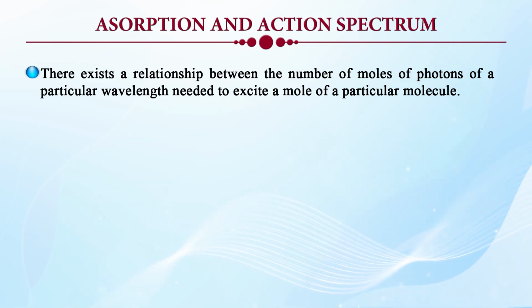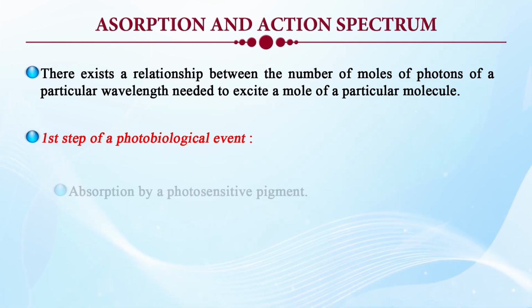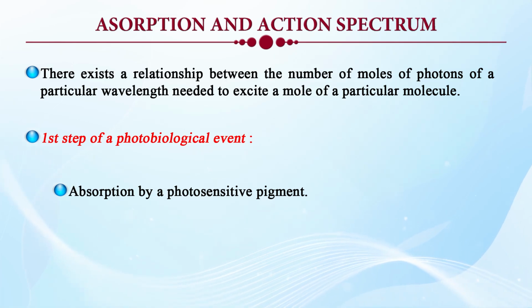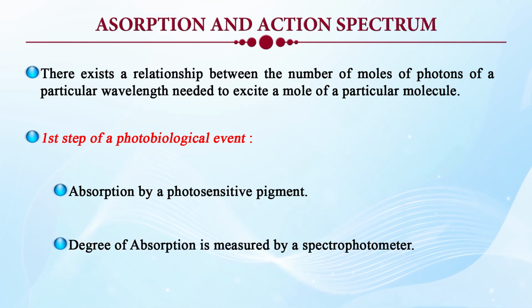So, that means the first step in this process is a photobiological process, that is, how much and what the chlorophyll molecule is absorbing in terms of packets of light quanta. This degree of absorption can be easily seen and recorded with the help of a spectrophotometer.